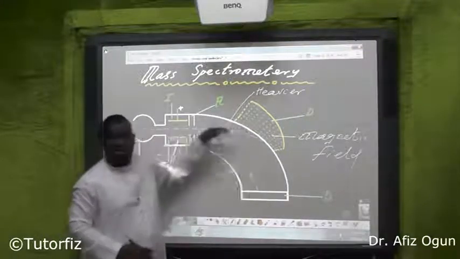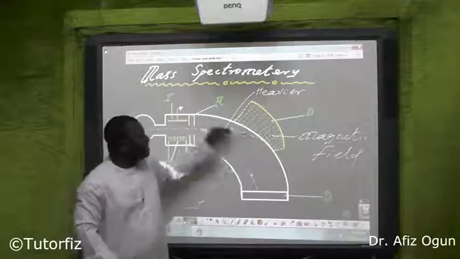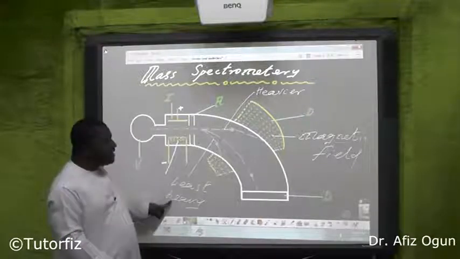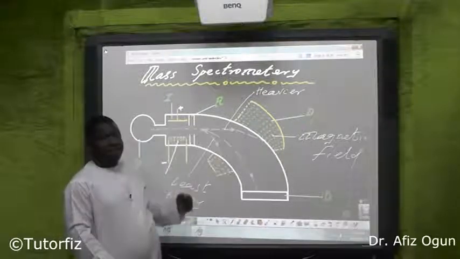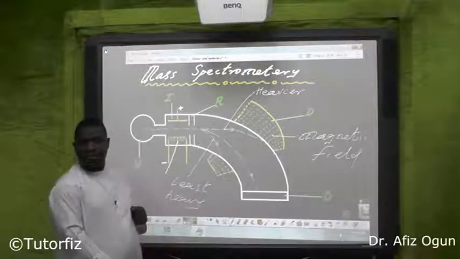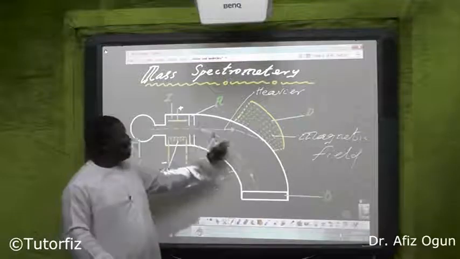It will not curve too much. The heavier one will deviate less. It will not deviate too much. But the least heavy will deviate more. It will change direction more. And of course, this one is in between the two.